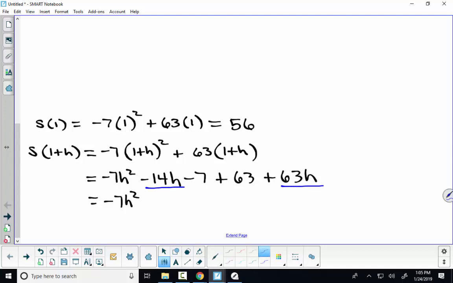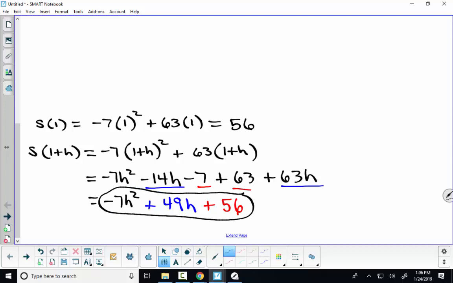We have negative 7 plus 63, and these two terms give us a plus 56. So there's our s of 1 plus h.